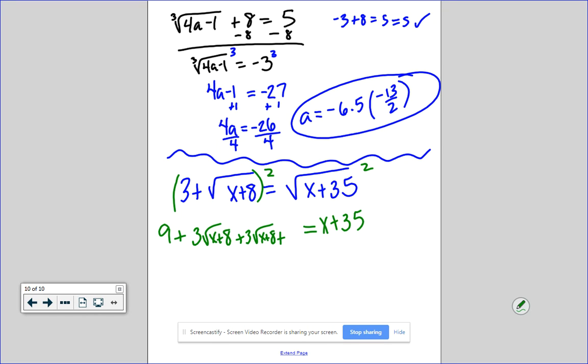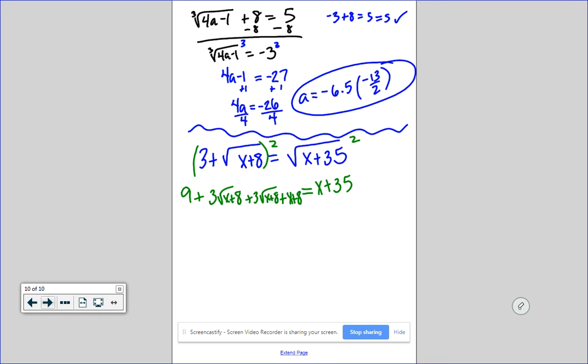And last, square root of x plus 8 times square root of x plus 8 is just x plus 8. So if I simplify here, left side, 9 plus 8 is 17, plus 6 square root of x plus 8 plus x equals x plus 35. Okay?